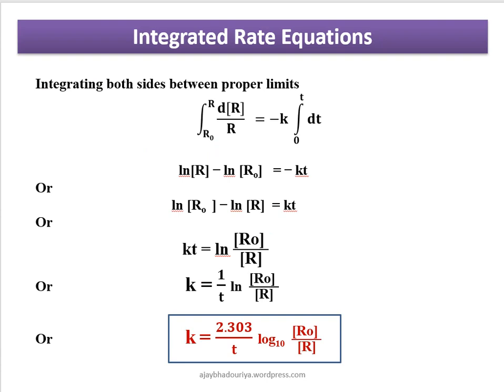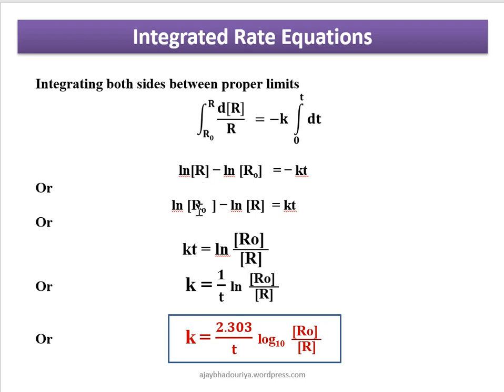In this equation, ln R was positive and ln R0 negative, and that is converted: the positive becomes negative and the negative becomes positive.